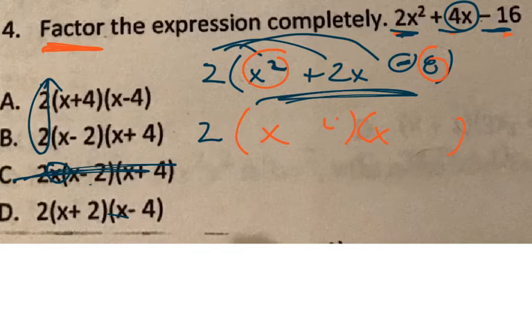And the 8 is 4 times 2. And the way I'm going to get this 2x right here is I'm going to do a plus 4 minus 2. So if we look at our answers, that's obviously wrong. That one is correct. Watch your signs. See right here, by the way, how they flip signs on you guys? That's what you have to be careful of on these kind of tests.